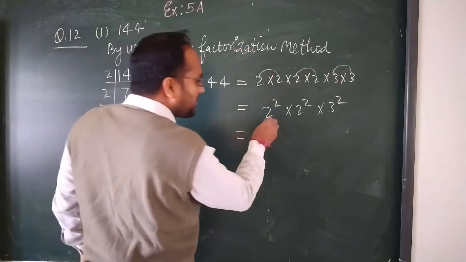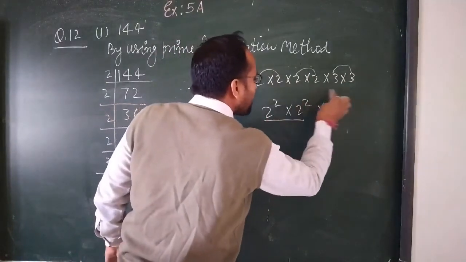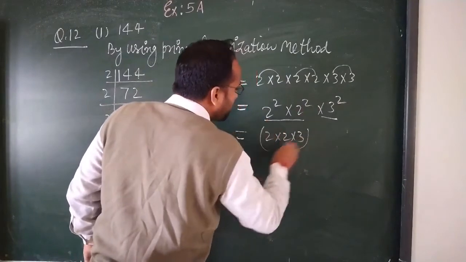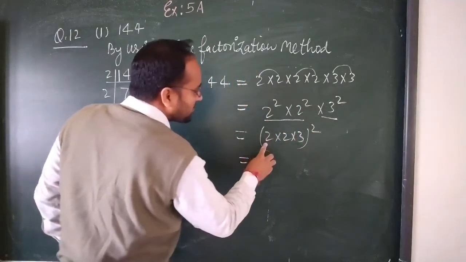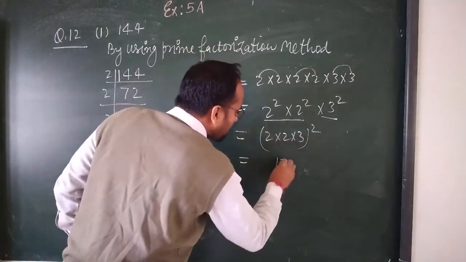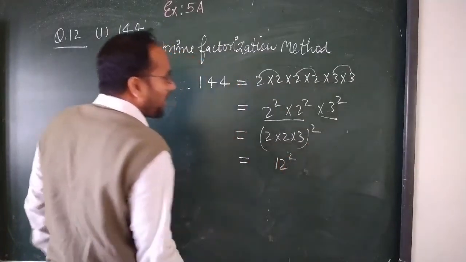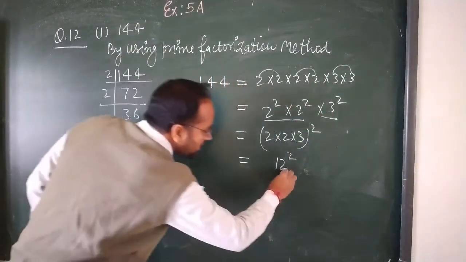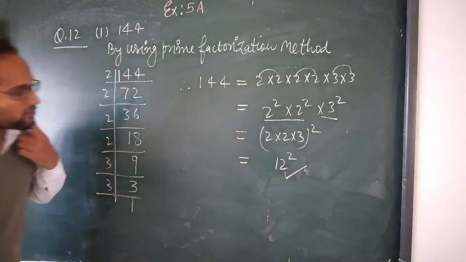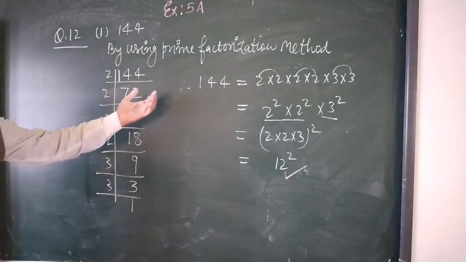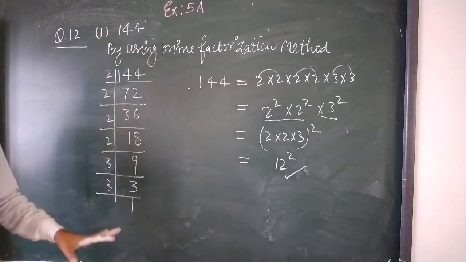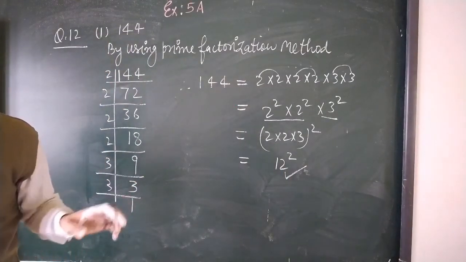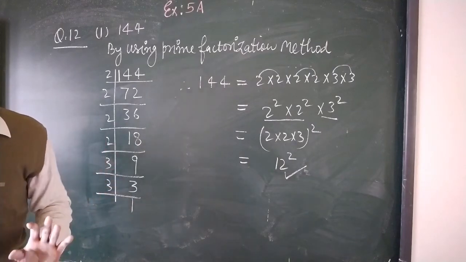And you know that if powers are equal, then you will multiply the base. That is your solution for this first one. Same as it is, you will try the second one also, third one also.